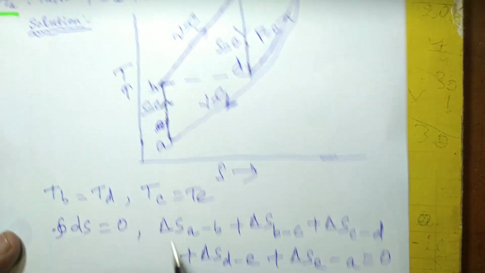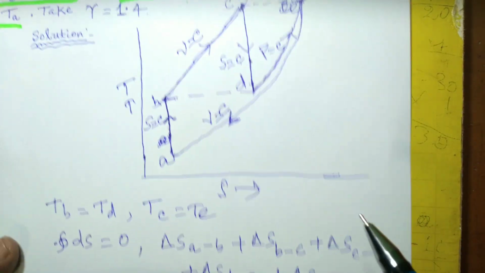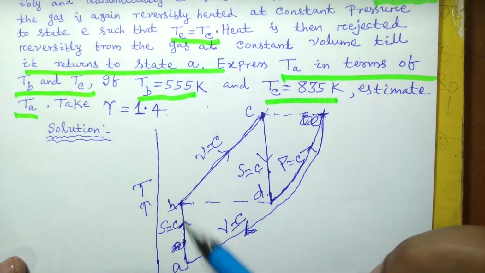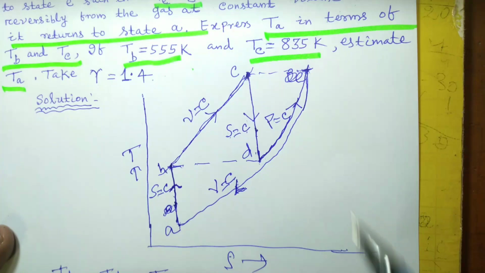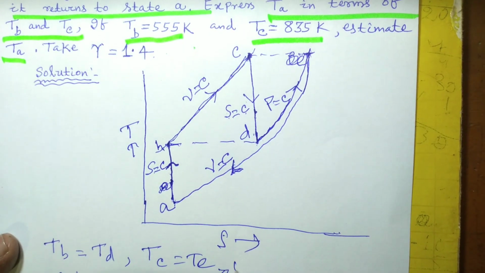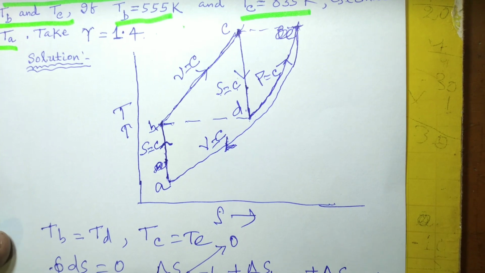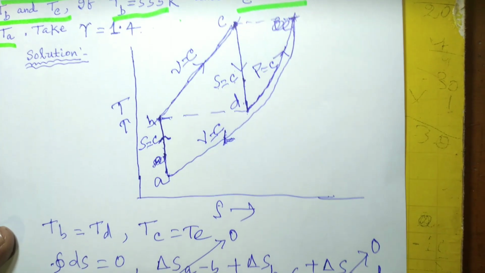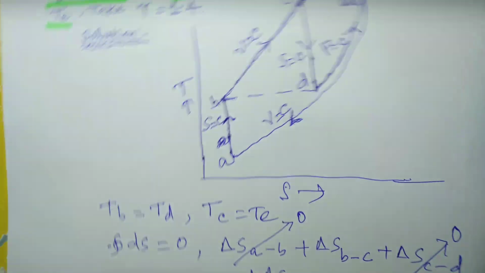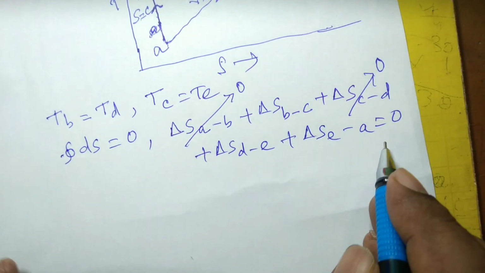But you see, AB and CD are isentropic processes. We know that for an isentropic process, the change in entropy is always 0. Delta S AB and delta S CD are 0. So the remaining three terms, if added, also result in 0.